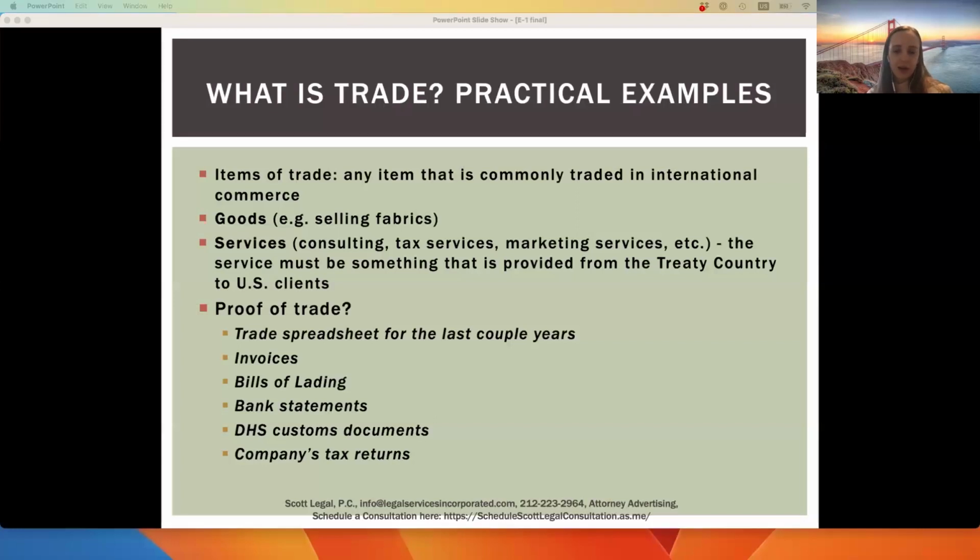But generally, they want to see a trade spreadsheet for the last couple of years that shows the amount of trade, how many clients you had, how many transactions or invoices you issued to each client, and the monetary value of each of those transactions.